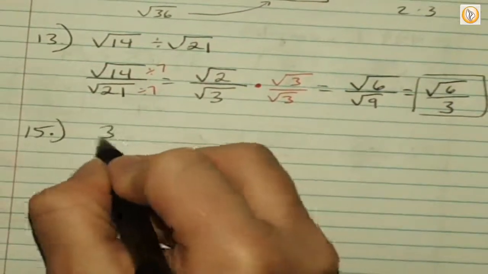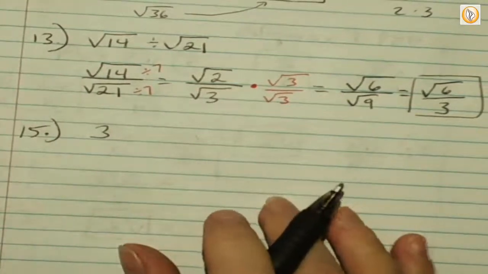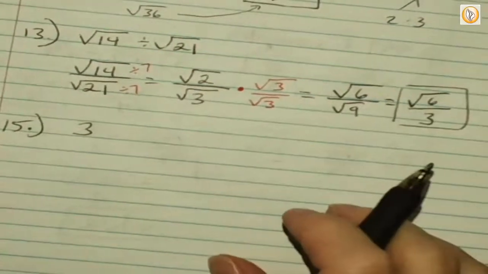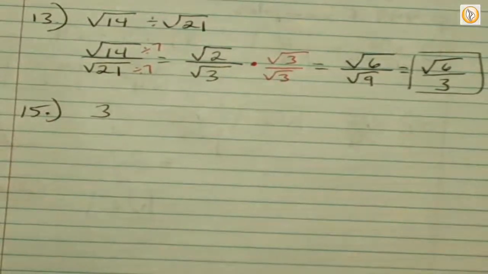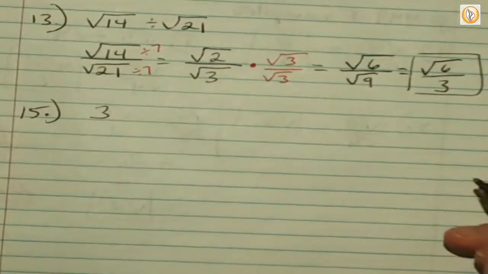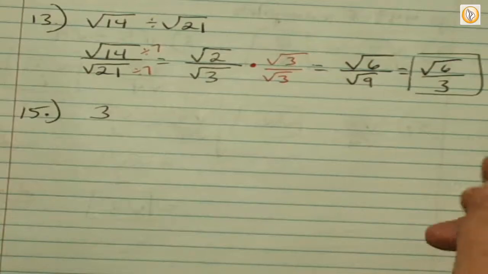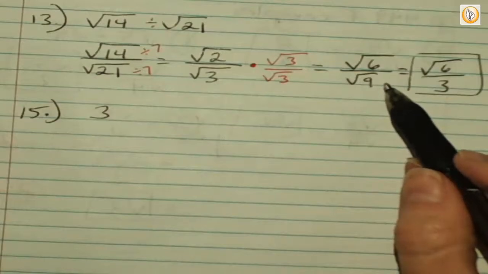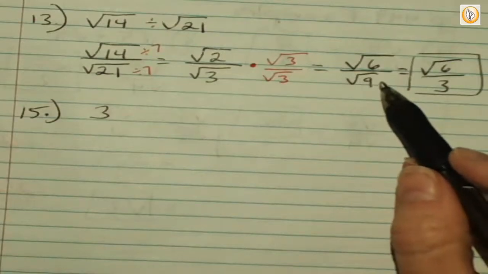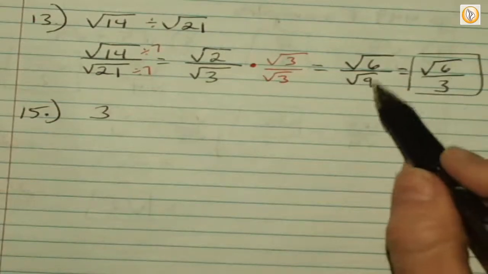What if you have a negative 6? There's no negatives. We're not doing that. Not in the square root of 6 over square root of 9. So you look first to see if they're perfect squares.